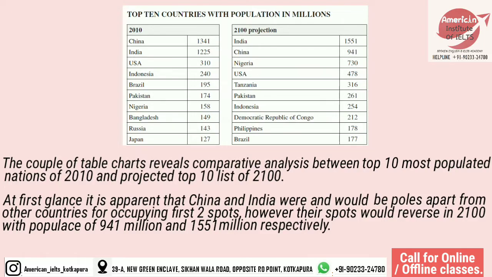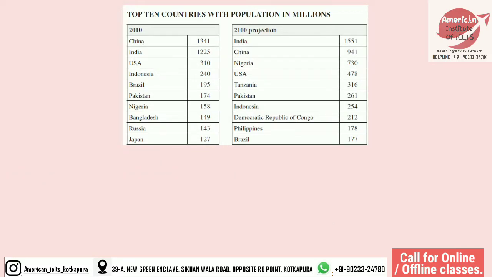Then moving further, students, as we know, in the list of 2100 some nations would be eliminated and other nations would change their spot. Like if we take the example of USA, then Indonesia, then Brazil, and Pakistan. So these 4 nations are going to change spot. And then for the year 2100 we will have the remaining 4 countries which will be new entries.